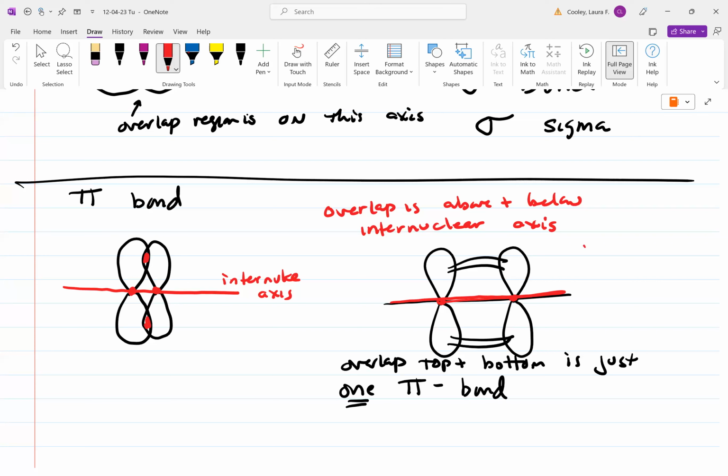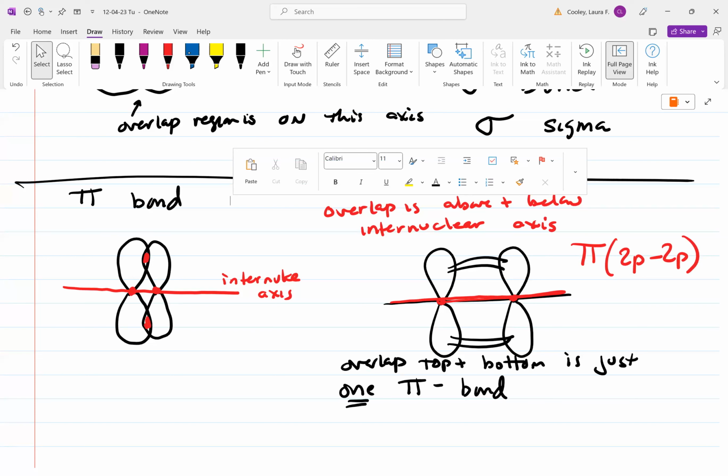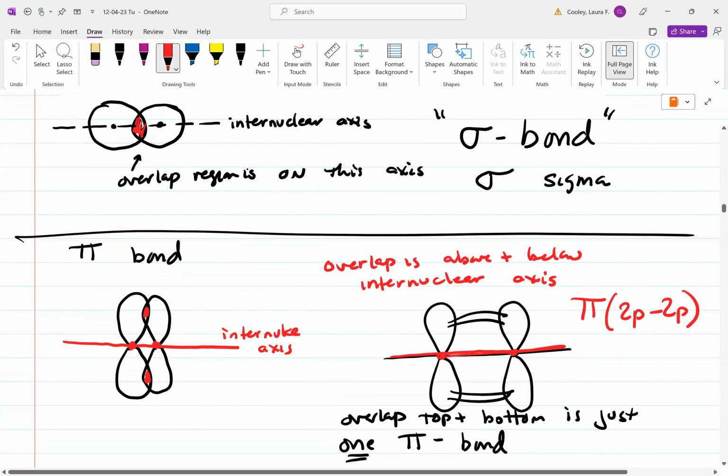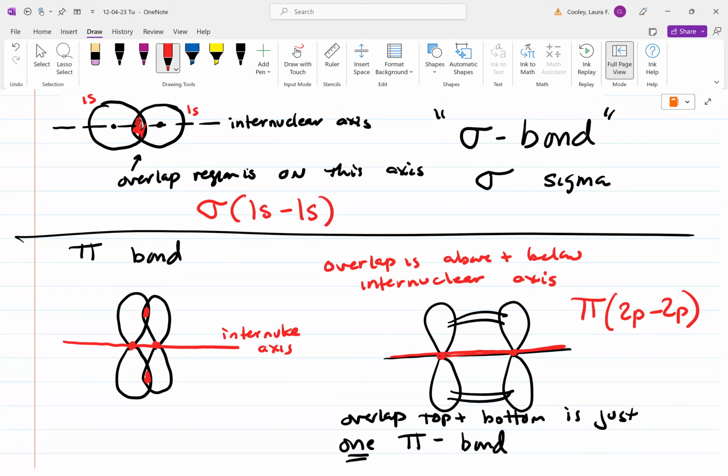This would be a pi bond that happens from overlap of two 2p orbitals, so we call it pi 2p 2p, because those are the two orbitals involved. And this sigma one, since these are both 1s's, would be sigma 1s 1s. So we say which type of bond it is and which orbitals are involved in the bond.